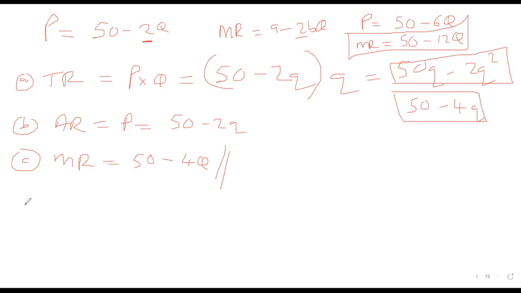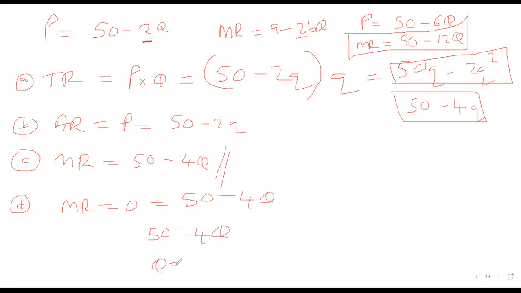But how do we maximize revenue? We equate the marginal revenue to 0. So we equate 50 to 4Q.